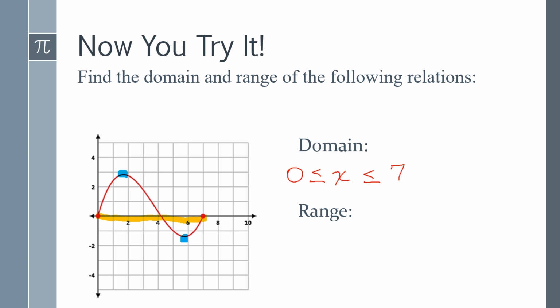So we're going to say the lowest value is -1 1/3, which is less than or equal to y, which is less than or equal to this upper value here, which we said was like 2 3/4 before. So we'll say 2 3/4. So it's a little bit easier to do a continuous function versus a discrete.